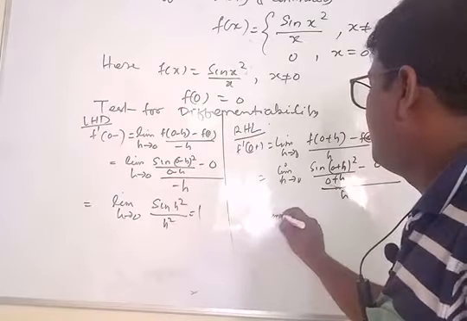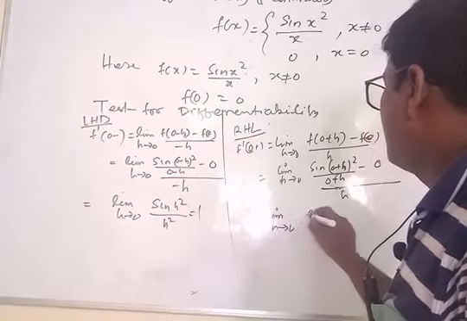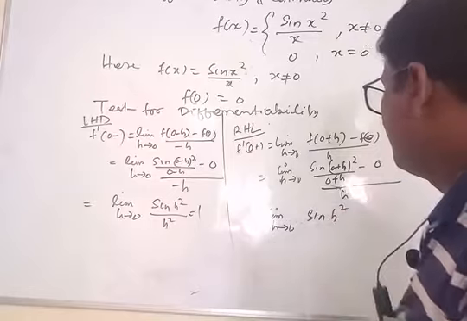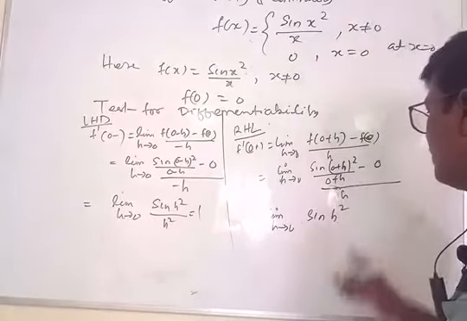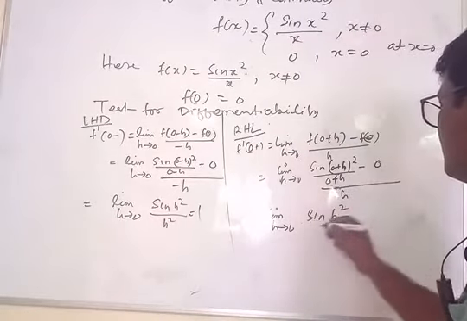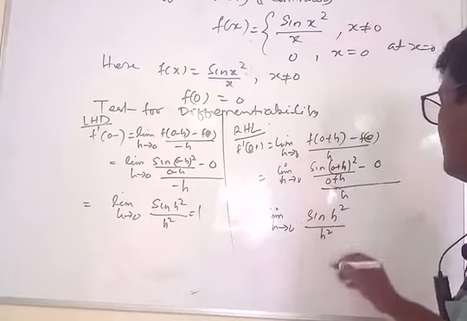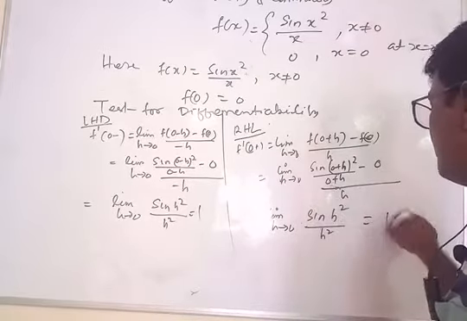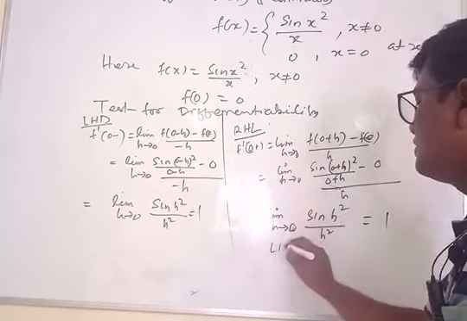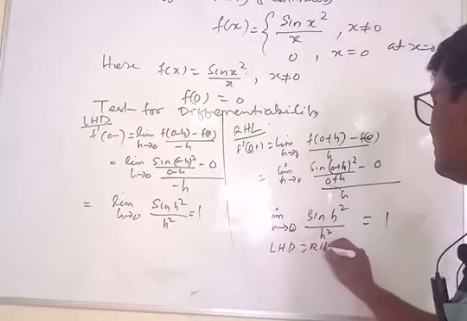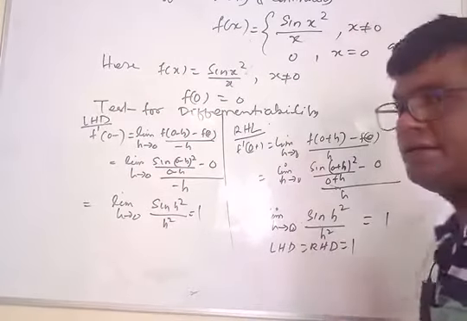So limit h tends to 0 of sin h square by h into h square, which is equal to 1. So LSD is equal to RHD is equal to 1.